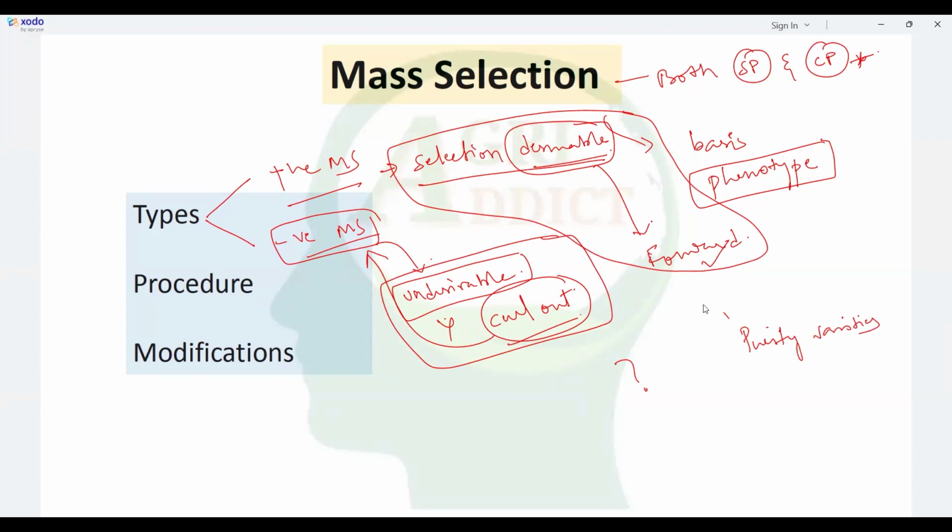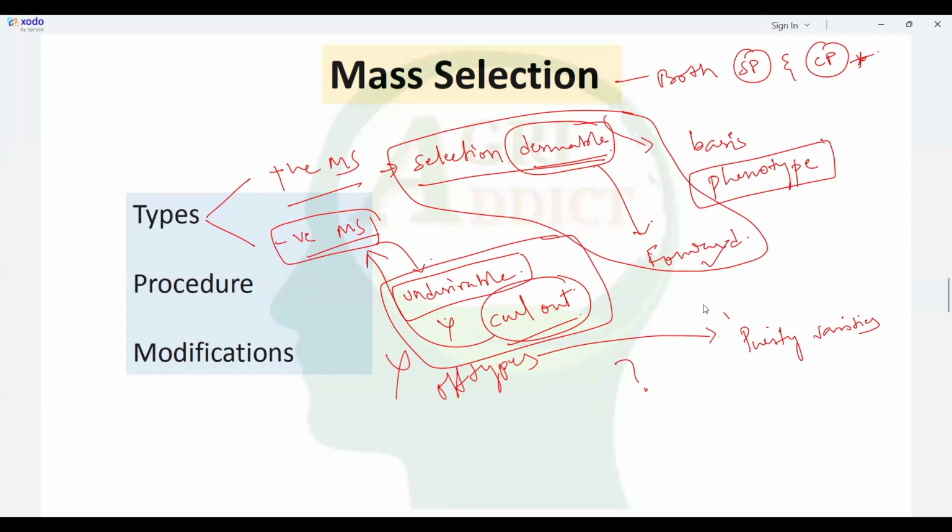Yeah, we are removing the off types, right? If you want to maintain the purity of the variety, you need not select the desirable one. Sometimes an off type may also look like a superior one, the one with good phenotype. You can select it and forward it. But when you employ negative mass selection, where you remove the off type, this helps in purifying your variety, right?